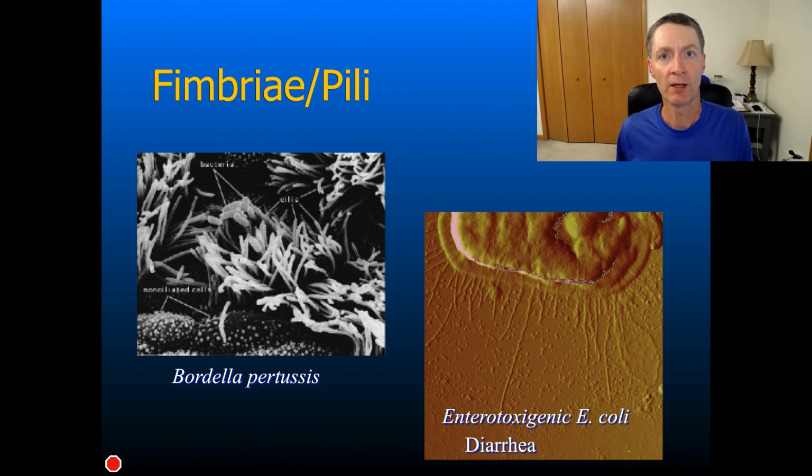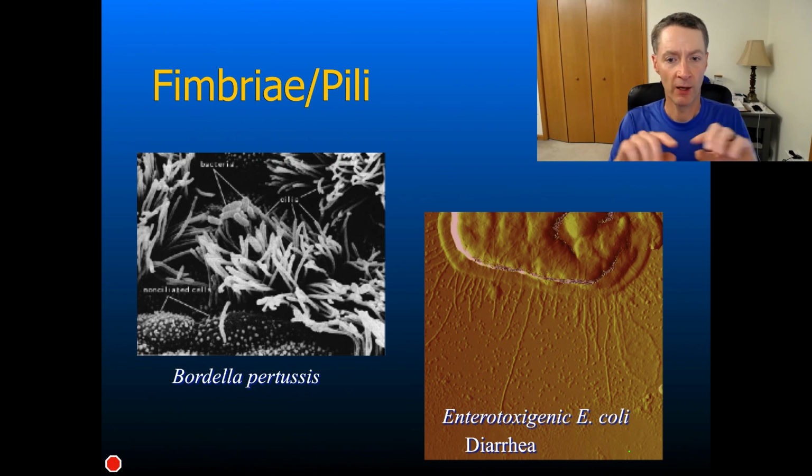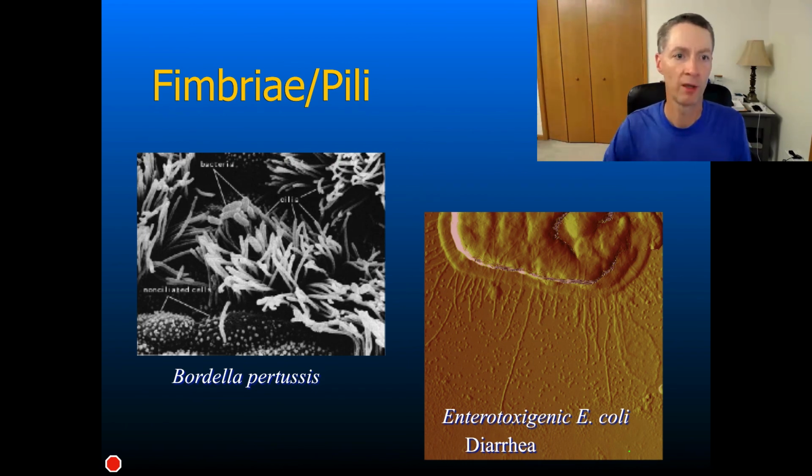And those proteins also allow for attachment. So it's not just on the surface of the envelope, on the membrane or the cell wall that you find these. You also find them on these long, thin fimbriae, like you see here from the E. coli that causes major diarrhea and horrible toxigenic effects in the intestines.